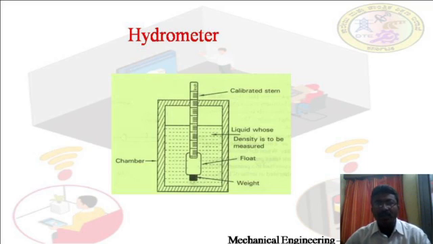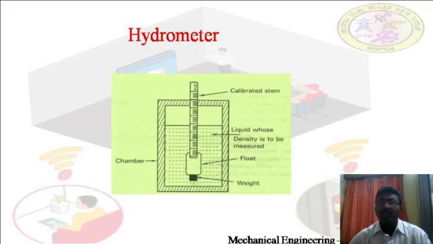In the figure we can see a glass tube, and at the bottom the portion is wider, that is the float. Then a ballast such as lead or mercury for stability. Ballast means a heavy material which gives stability. So below the float there is a weight, which is nothing but lead or mercury, attached so that it gives stability to the hydrometer.